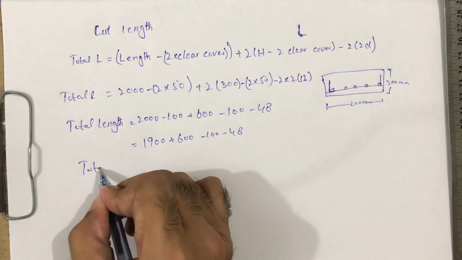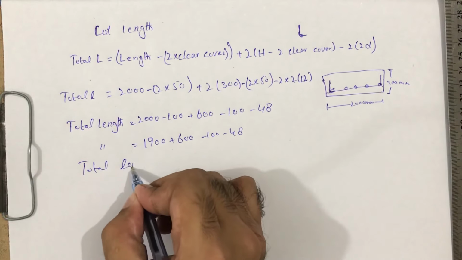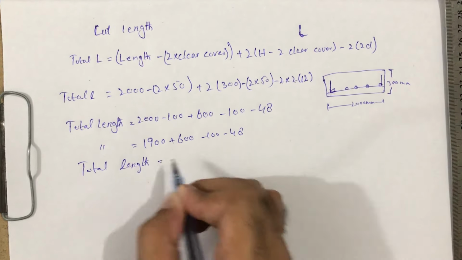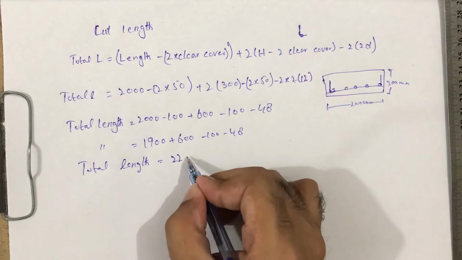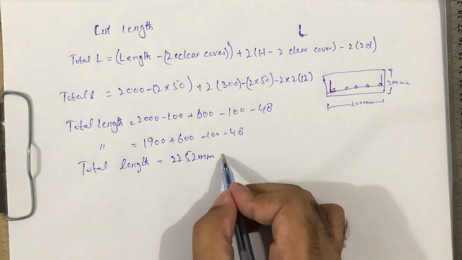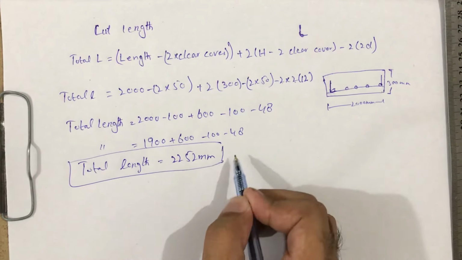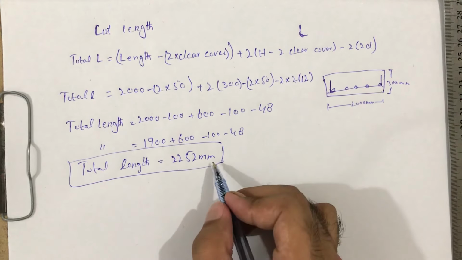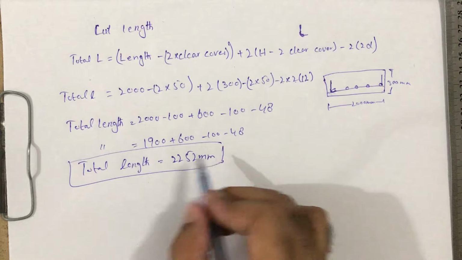So total length will be 2252 mm. That will be the total cut length for one bar.